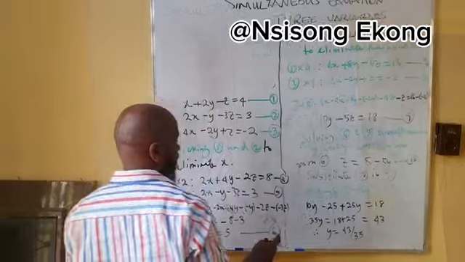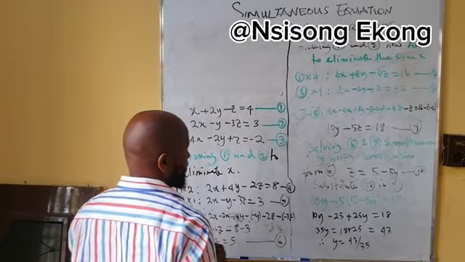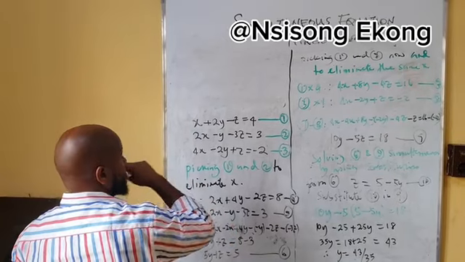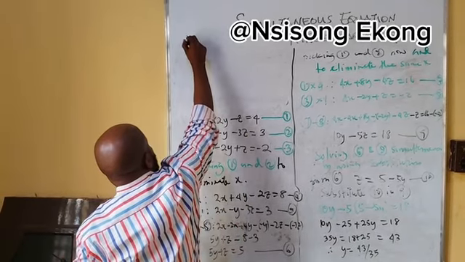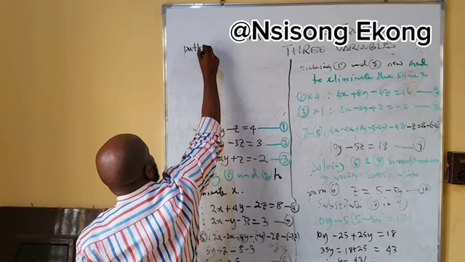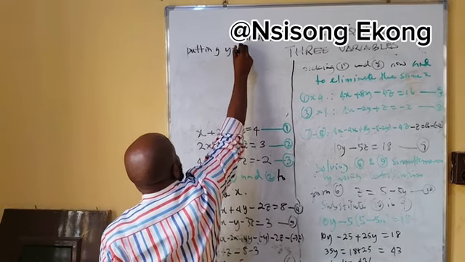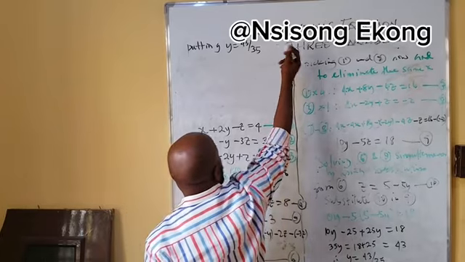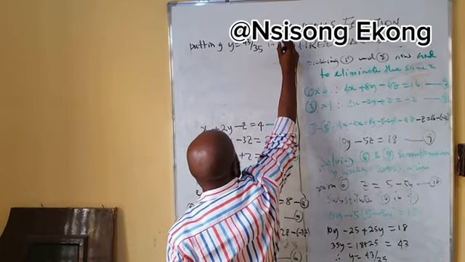Now we've obtained the value of y to be 43 over 35. We move ahead to obtain the value of z, then put in y equals 43 over 35 in either equation 6 or 10. I choose to put in 6.